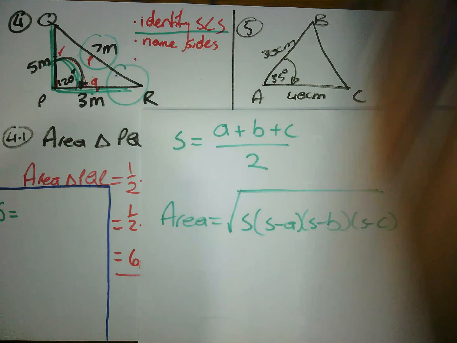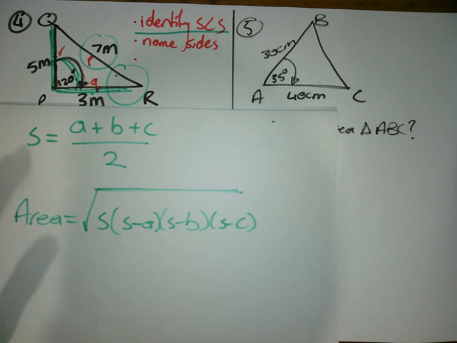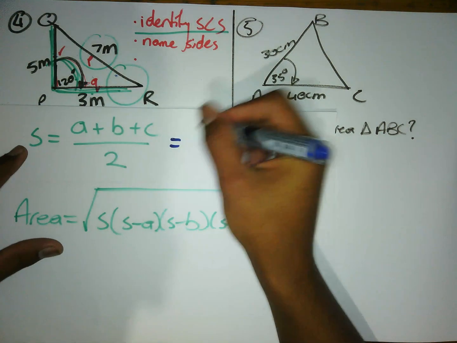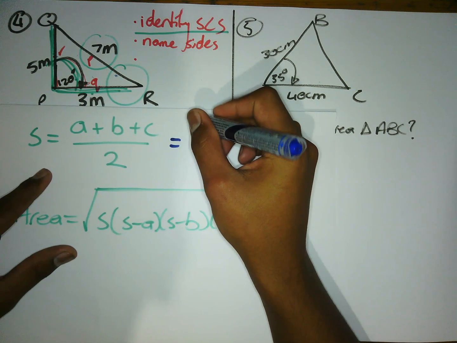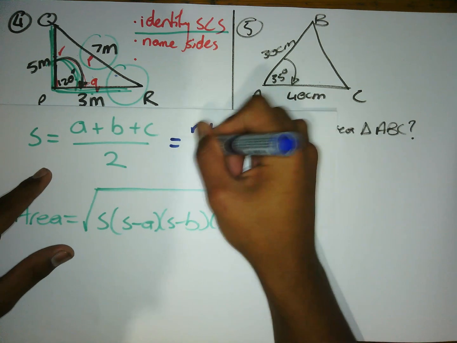So using our triangle we have here, we should now apply this rule. I have my sides, and I'm going to name my S: R plus P plus Q over 2.